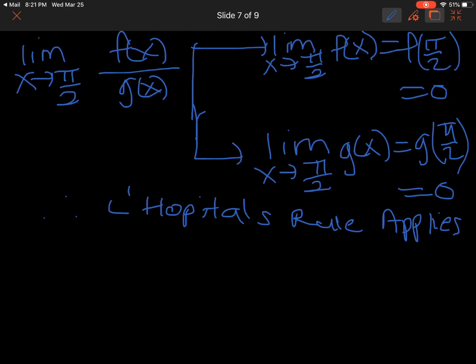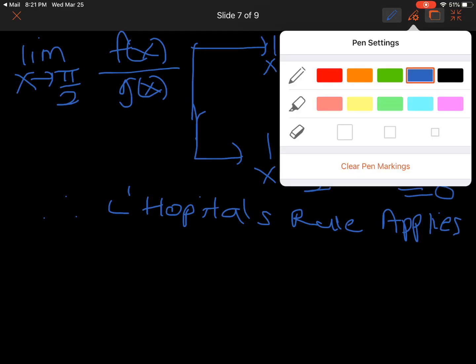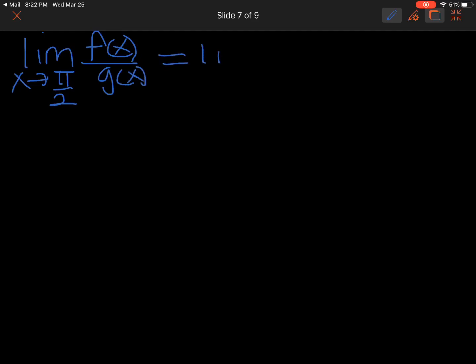Perfect. All right, so I'm going to clear the screen now, since we have justified the usage of L'Hopital's rule. Since we know that it works, we'll go ahead and apply it. So we have this limit that we're trying to evaluate. And now we know that this is equal to the limit as x approaches pi over 2 of f prime of x over g prime of x.